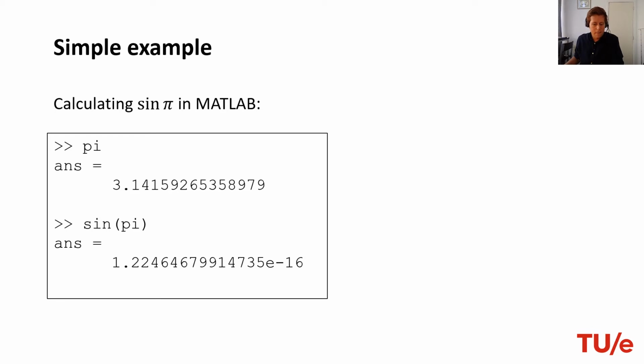Now, a simple example is if you try to calculate the sine of pi in MATLAB. If we type pi, MATLAB will say, well, I think pi is this. And then if we compute the sine of pi, which analytically would be exactly 0, we get an answer which, although it is very small, 1.2 times 10 to the power minus 16, is not exactly equal to 0.